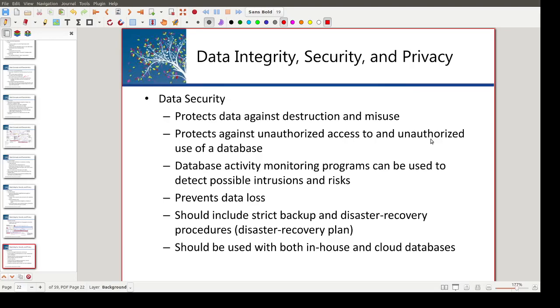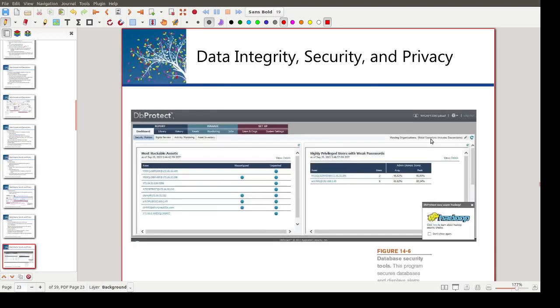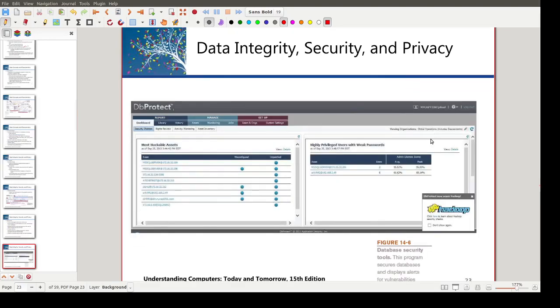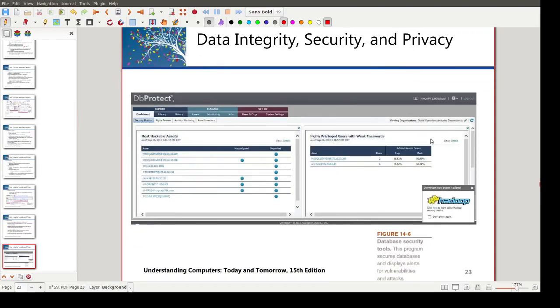It prevents data loss. Data security should include strict backup and disaster recovery procedures and disaster recovery plans. It should be used with both in-house and cloud databases. This is very important to maintain security. And this is an example. There are some tools available to maintain the security of the database, for example this tool, called DB Protect.